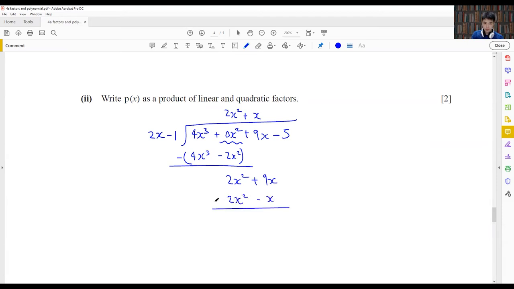Then again, minus minus, this eliminates this, minus minus x, you will get 10x, bring the 5 down. Then lastly, finish off your division. This will be plus 5. Times 5 with 2x minus 1, 10x minus 5.